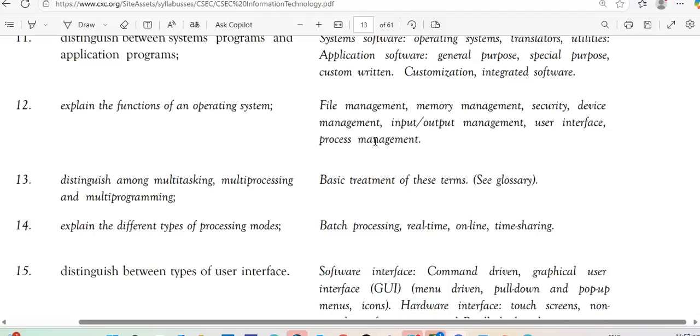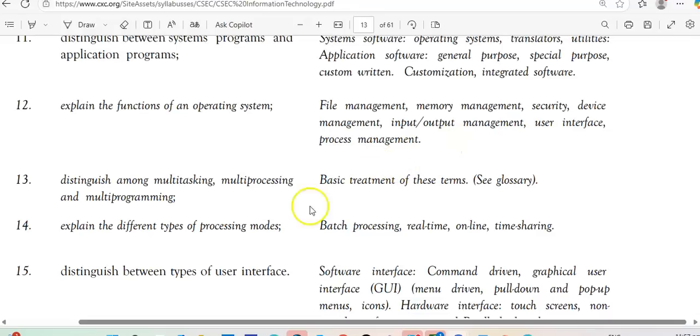For example, say I type a document using a keyboard. The operating system manages the input from the keyboard and displays the text on the screen. All right, so if they ask you about the functions of an operating system, you can say the functions are file management, memory management, security, device management, etc.